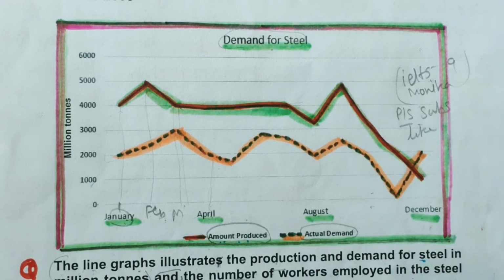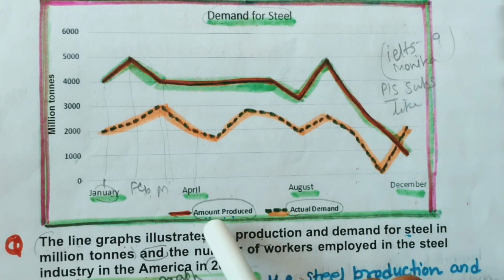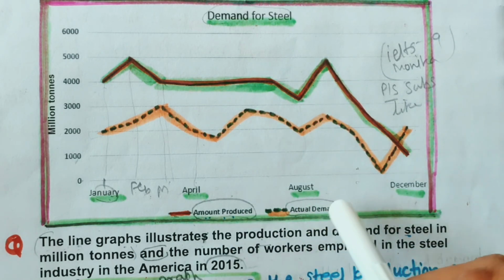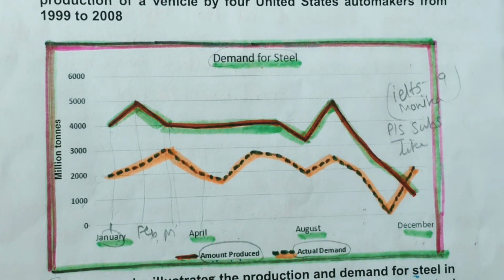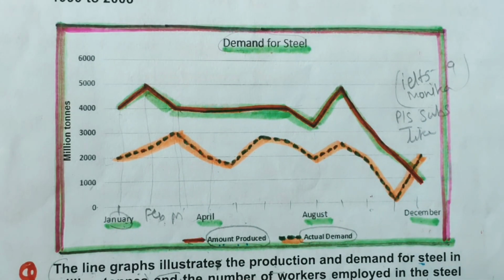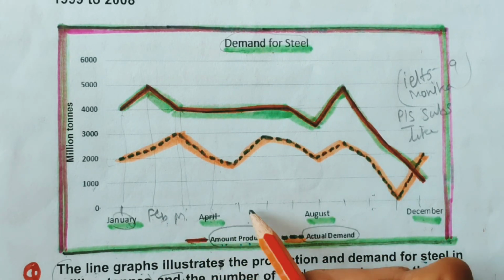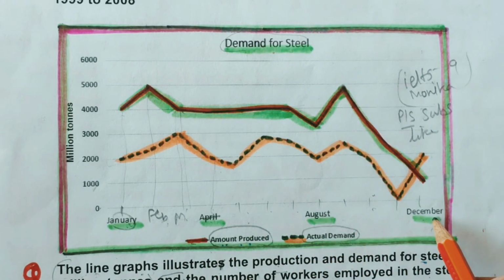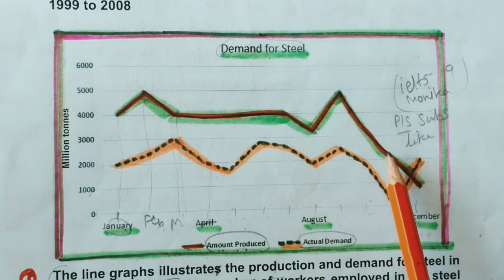Okay, so here I can see there are two categories, two line graphs. First one, the red one, is amount produced and the second one is demand. What I can see here is January, February, March, April, May, June, July, so all 12 months are there. First of all, we can see a downward trend.